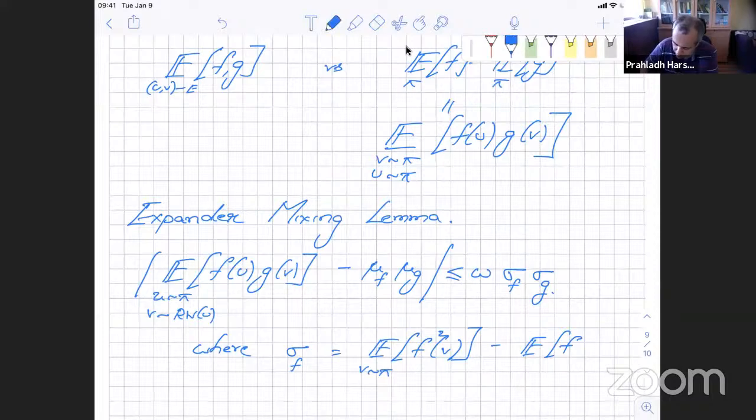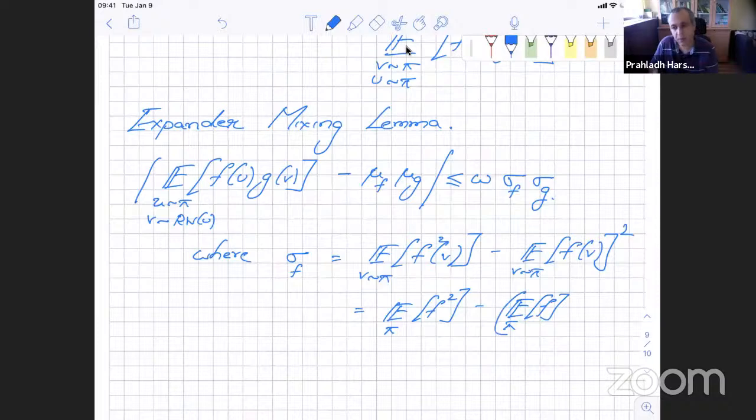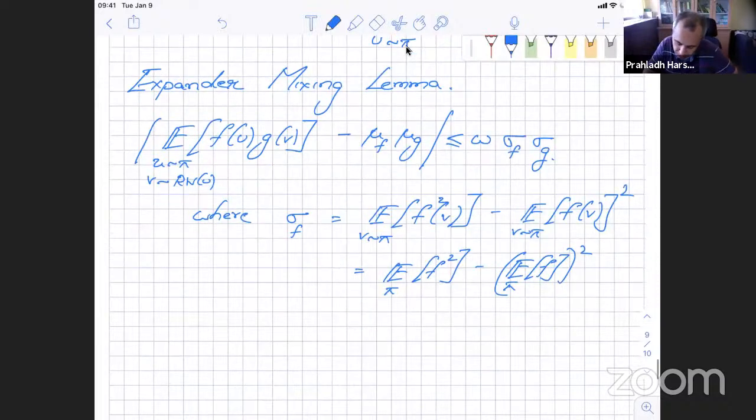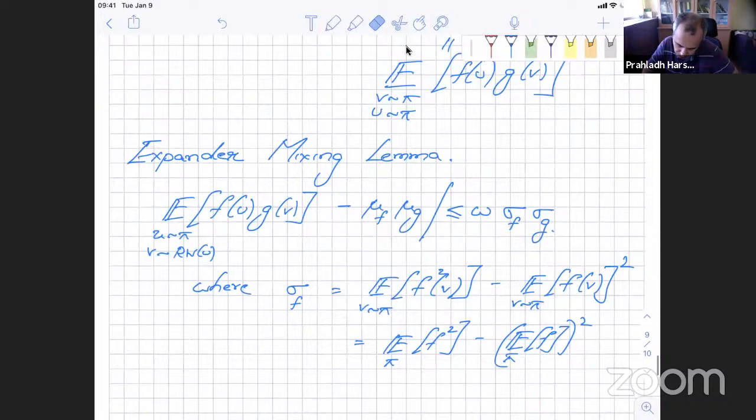That is basically the expectation of F squared in the pi distribution minus the expectation of F in the pi distribution, the whole squared: the variance. So that's what's called the expander mixing lemma.